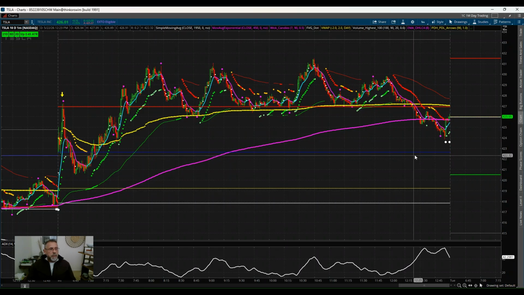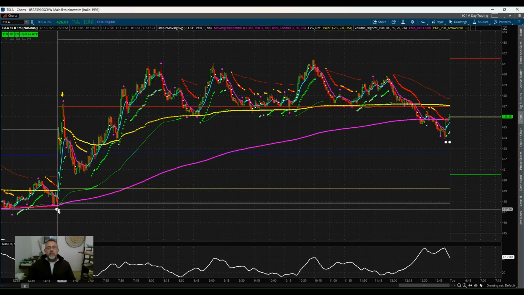And finally, these big white dots here that you see, these are the largest dots that I can program. You'll see them as well here. This is the largest volume of the past 100 bars. So on the 1 minute chart, that's about an hour and a half, right? Roughly an hour and 40 minutes is 100 bars, 100 minutes.